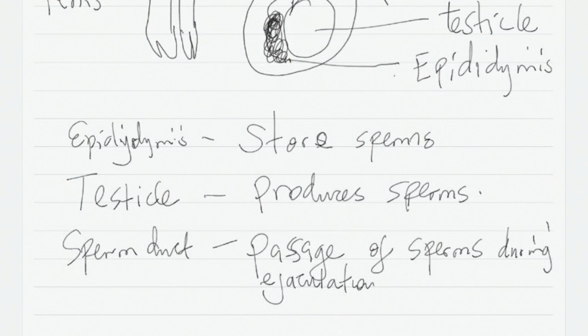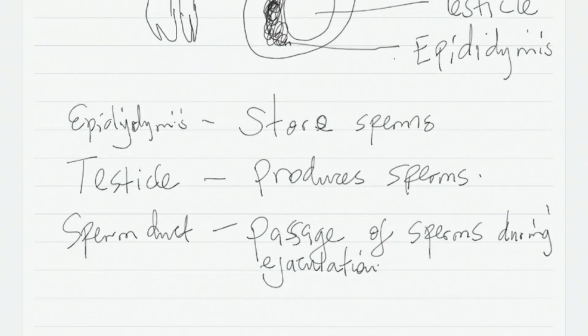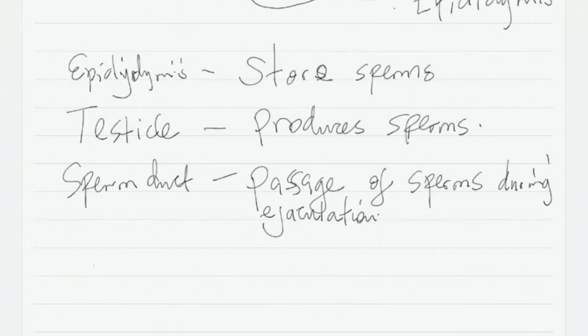When there is ejaculation, sperms have to move from the testicles and go into the vagina for fertilization to take place. They pass through the sperm duct.